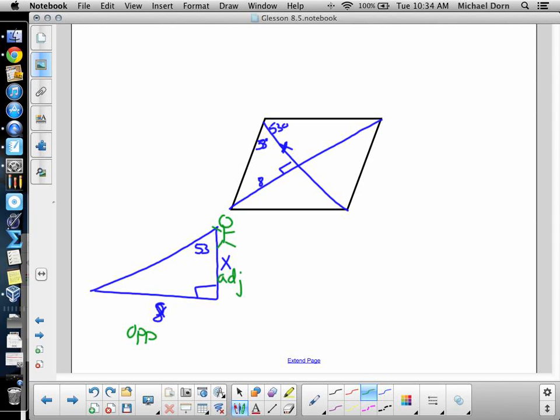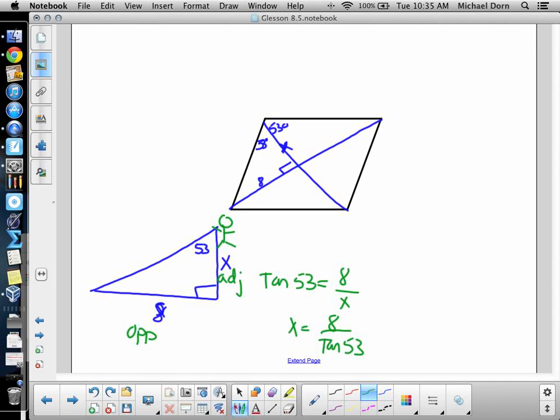So it would be what function? Tangent of 53 is opposite over adjacent, so X equals 8 divided by tan 53. And that's going to be about 6.03. Very close to 6.